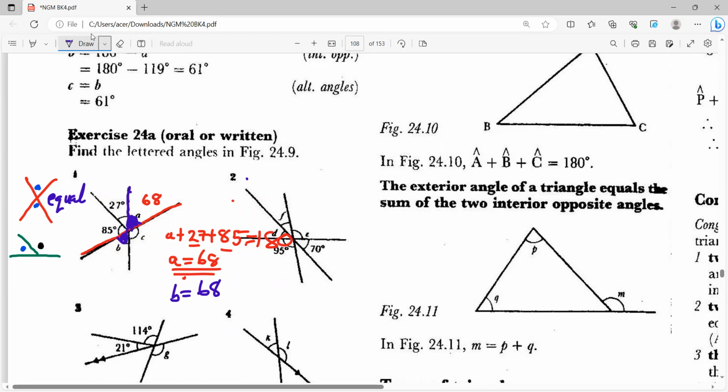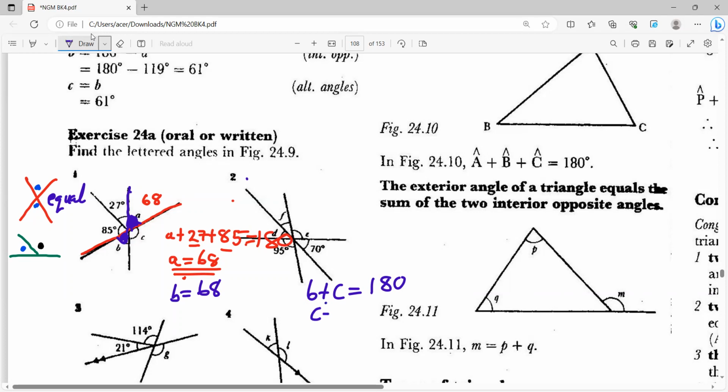All right. So now we move on to find C. If you look at this closely, C is forming vertically opposite angles with the other two lines. That's one way we can do that. So C is equal to 85 plus 87. Or if we don't want to do that, we know that B and C are on a straight line. So B and C must give you 180.